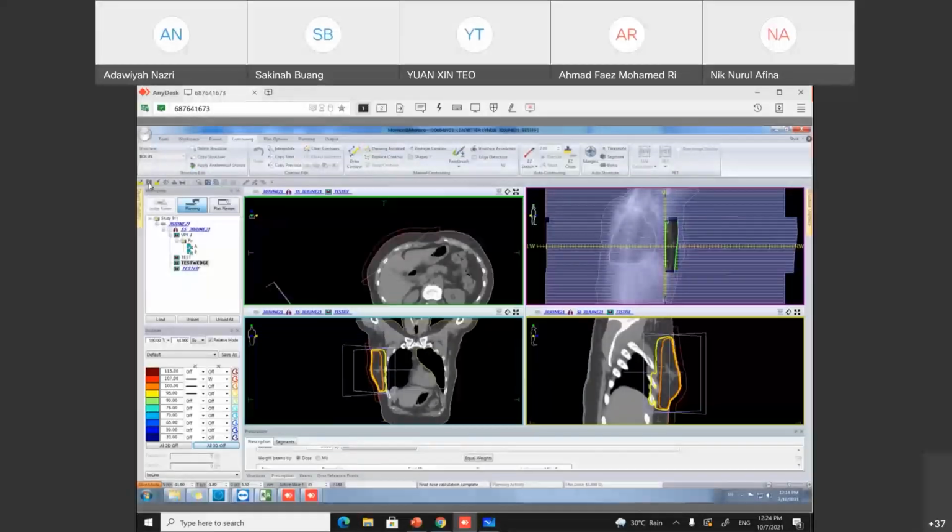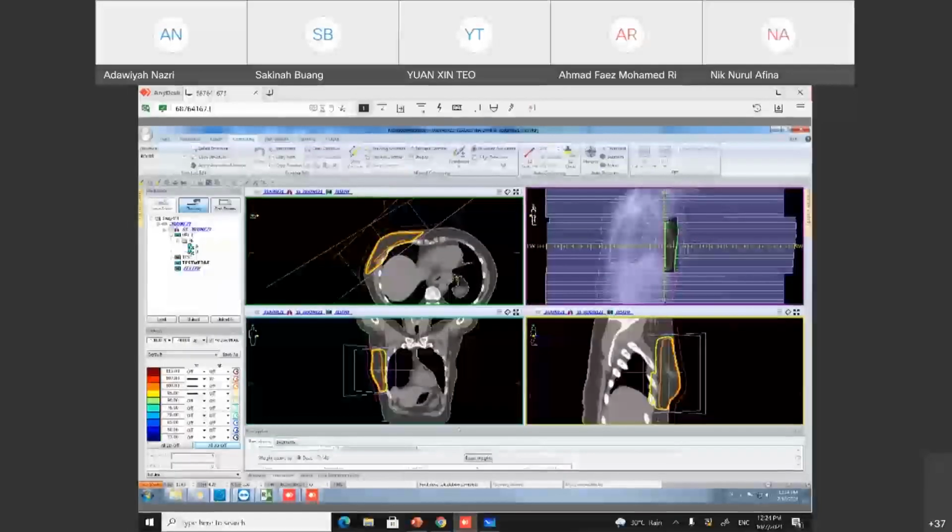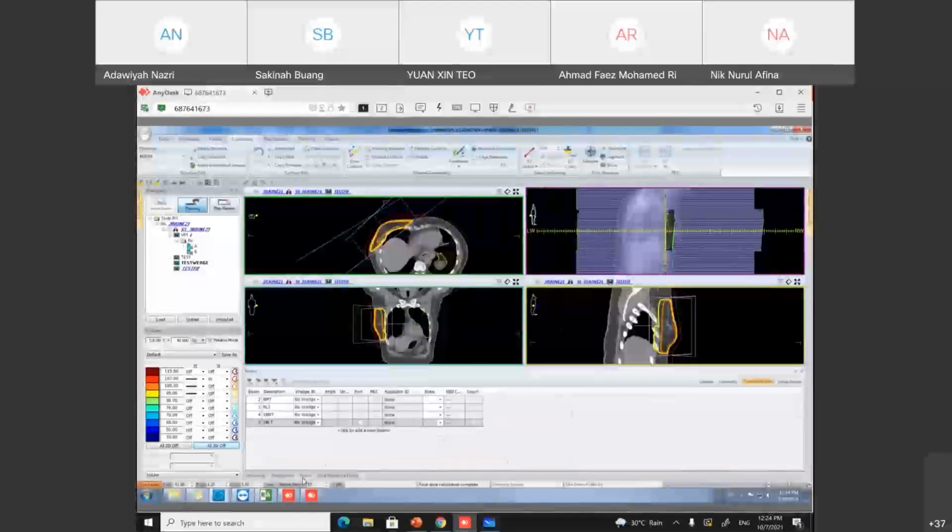Okay, let's save first. Now I want to take the bolus effect into account in my calculations. For the treatment planning system, you have to make sure you click the bolus here, otherwise the calculation won't take the effect into the patient's MU.